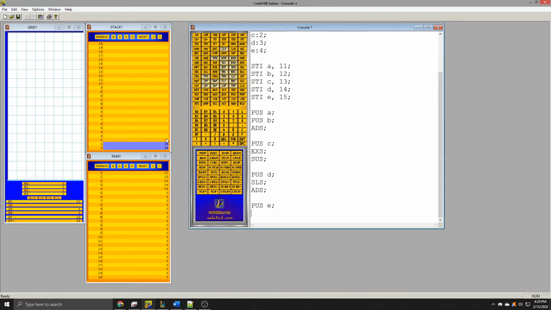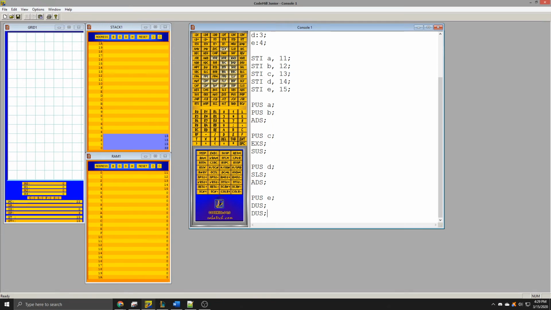So I'll have 15, 15, and 15 up here. Duplicate stack, duplicate stack. And now I have 3 copies of E in here.